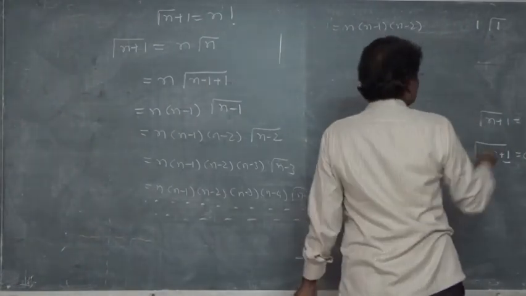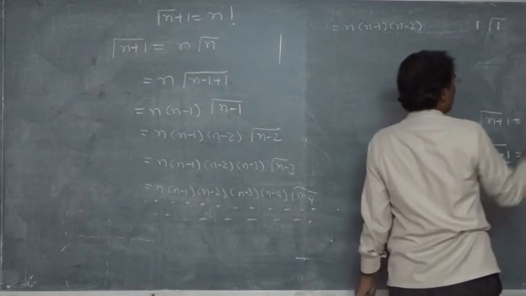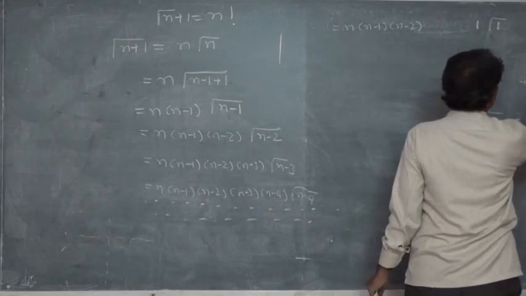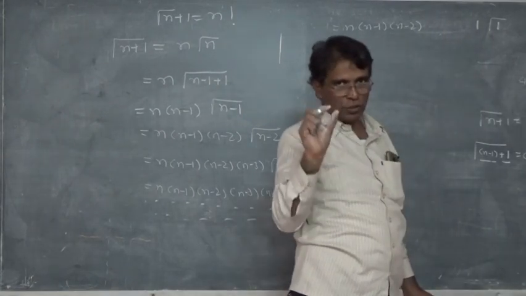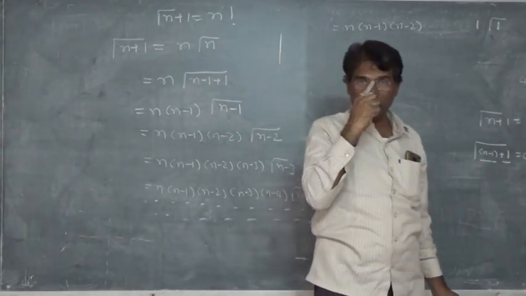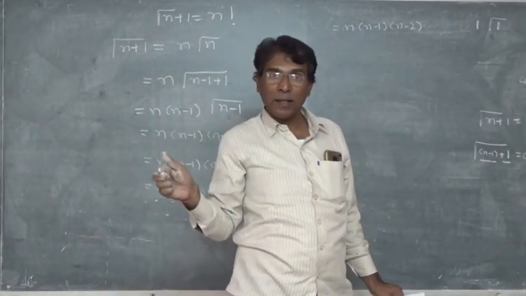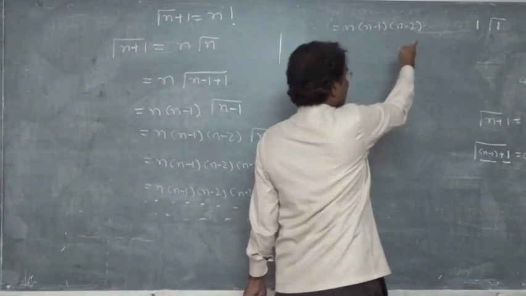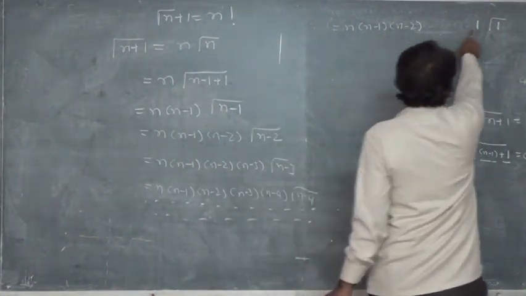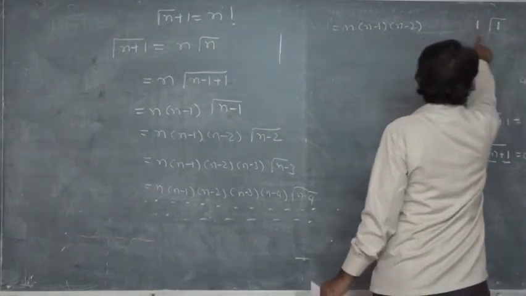Now you see here, 4 factorial means what? 4 factorial means 4 into 3 into 2 into 1, isn't it? 6 factorial means 6 into 5 into 4 into 3 into 2 into 1. In a similar way, here you see n minus 1, n minus 2, n minus 3, up to 1 is coming, starting value n up to 1 last.